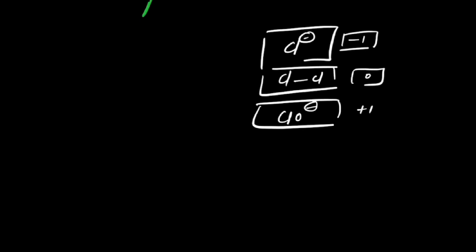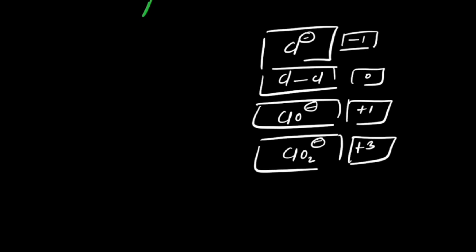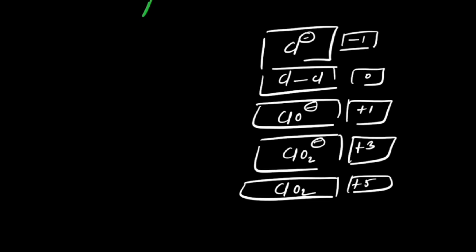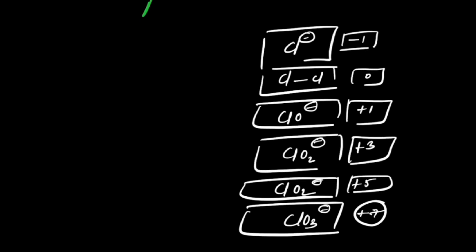In ClO2 minus, oxidation state is +3. I'll tell you why in a minute. And in ClO3 minus, oxidation state is +5. I'm talking about oxidation state of chlorine. In ClO4 minus, oxidation state is +7. So oxidation state of chlorine can be -1, 0, +1, +3, +5, and +7.